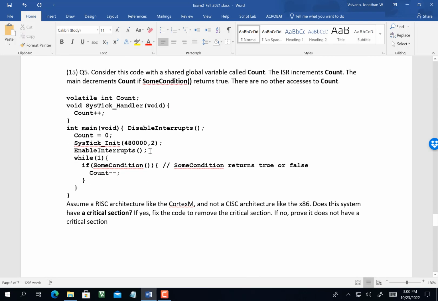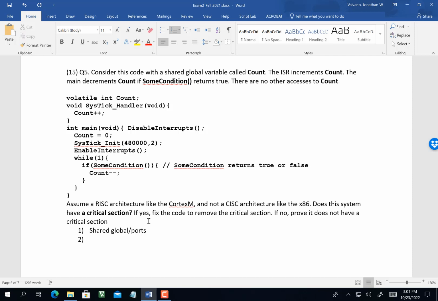Here we're looking for critical section, and remember the things we need for critical section are 3 things. We need a shared global, which includes I/O ports.